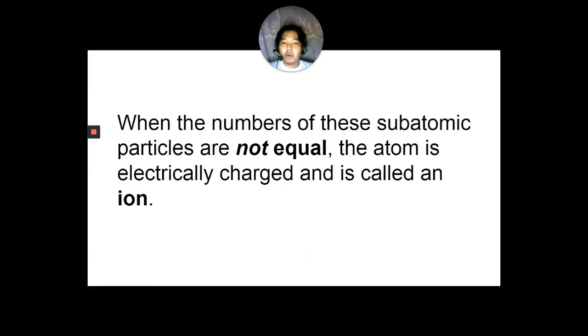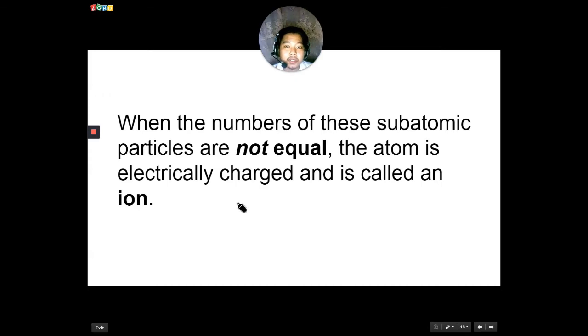However, now this is not always the case. There are cases that the number of electrons differs from the number of protons. The number of protons is not equal all the time to the number of electrons.